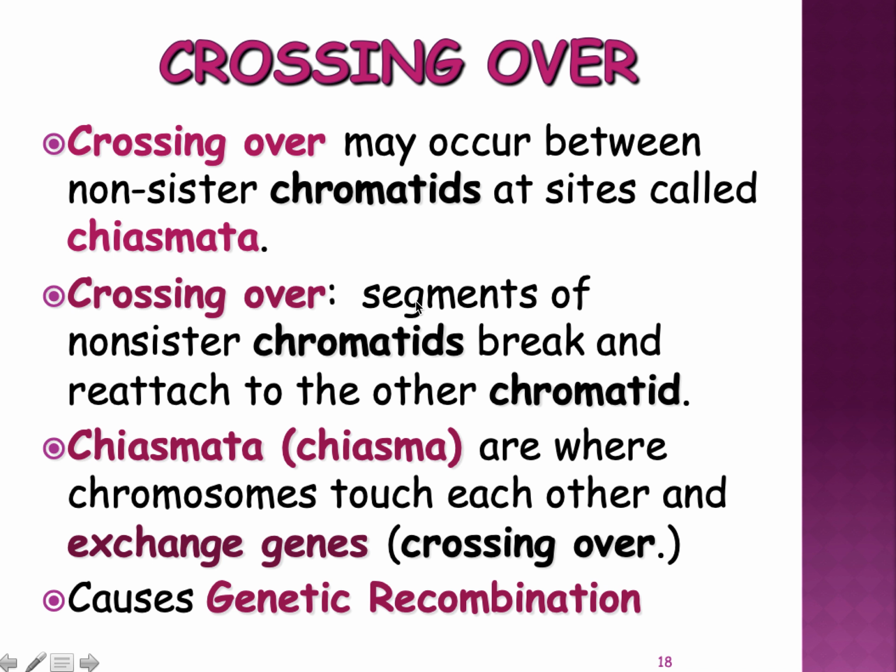In crossing over, segments of the homologous chromosomes break and reattach to the other chromatid. The chiasmata is where the chromosomes are sitting on top of each other, and that's where the exchange of genes happens. That's the process of crossing over.